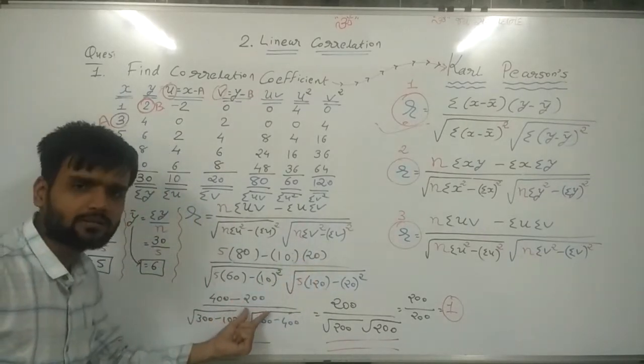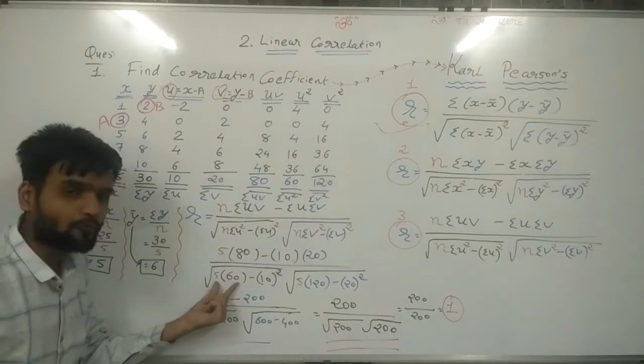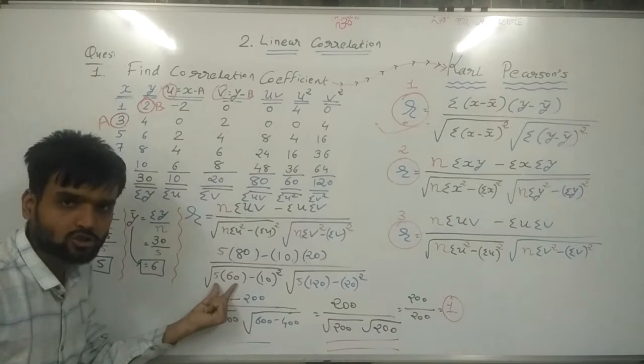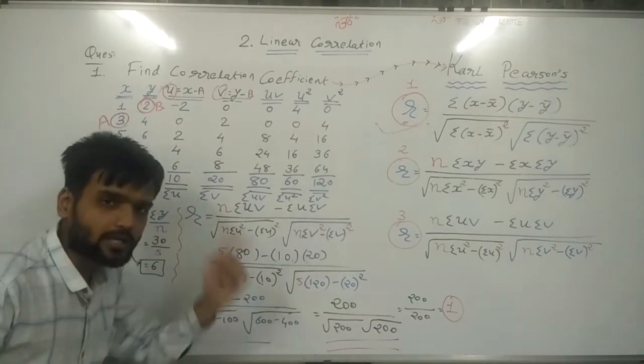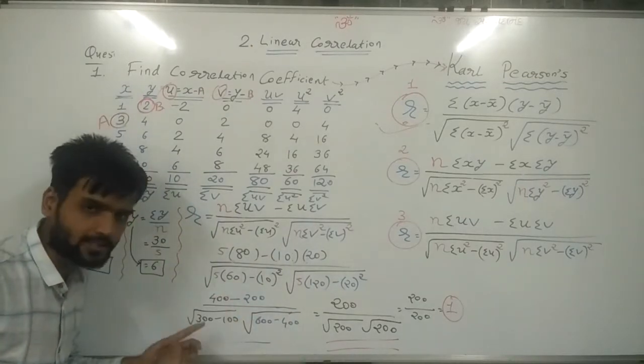The answer is 200. Divide by the first root. Now in the first root, first calculate 5 into 60, so 5 into 60 is equal to 300. 10 square, 10 into 10, 100, minus sign as it is, no change.